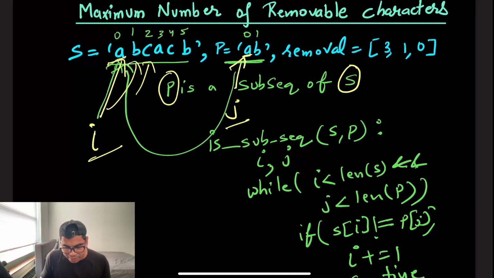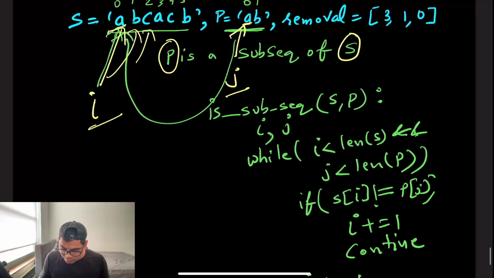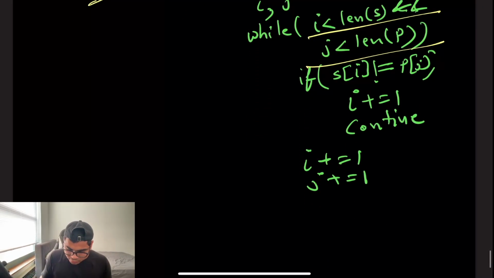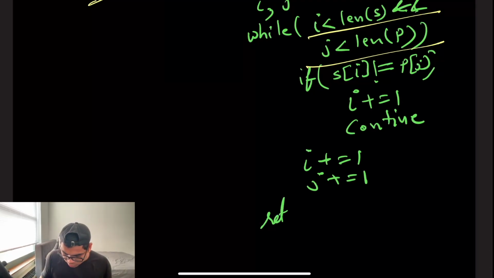So what will happen is either of these conditions will falsify, and once that happens you want to return if j is equal to the length of p.